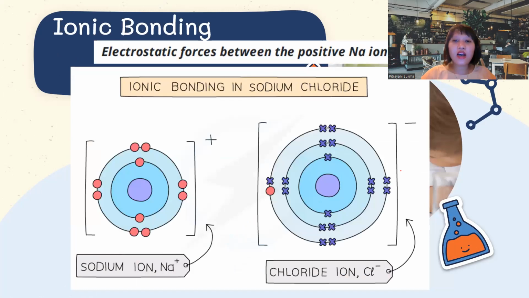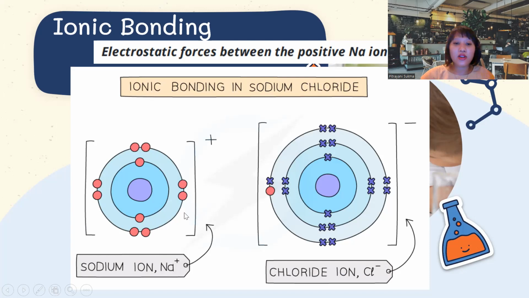Now, if we combine these 2 ions, we can make ionic bonding. As you can see here, sodium has 1 electron in the third shell that makes it unstable. If it releases 1 electron, it becomes more stable because it has 2 electron shells that are already full, and it becomes positively charged.